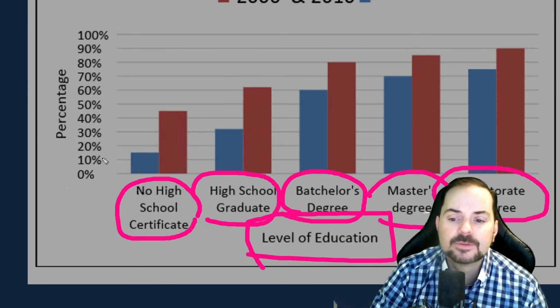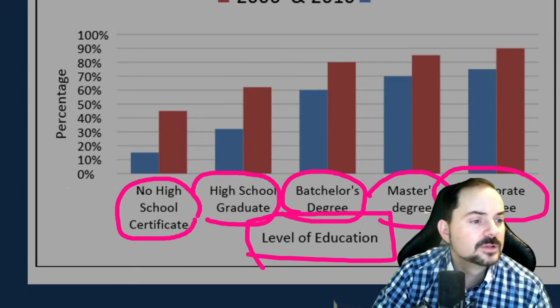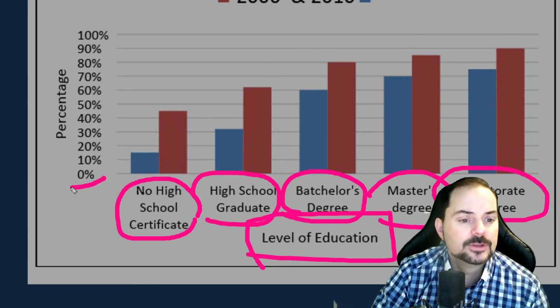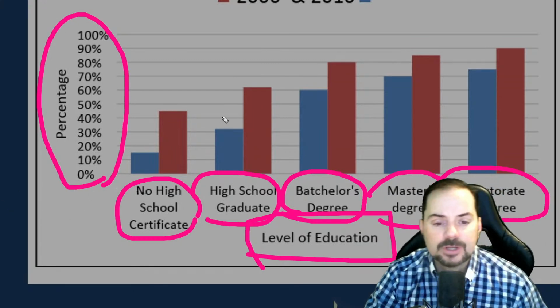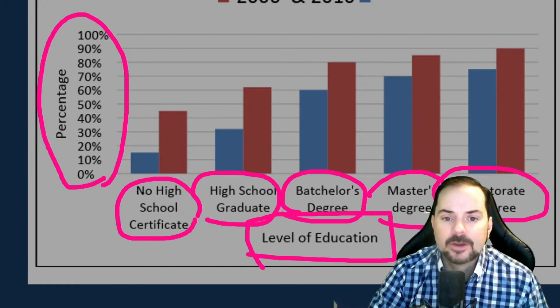So we've got some different levels of education there, from no high school to undergraduate, and then two levels of graduate degrees. And on the y-axis, again, we see percents 0 to 100. Okay, good. So let's start making sense of this.